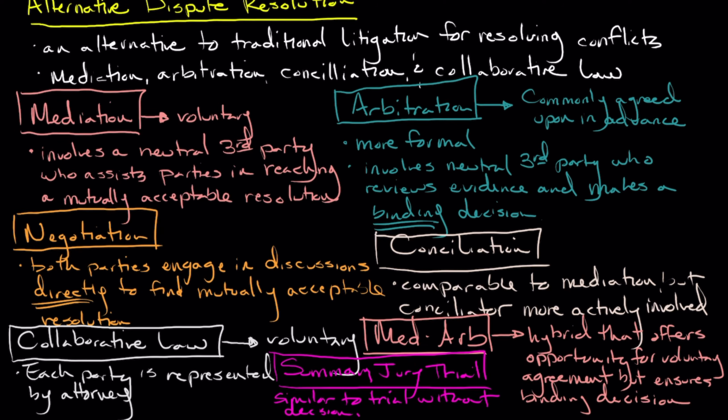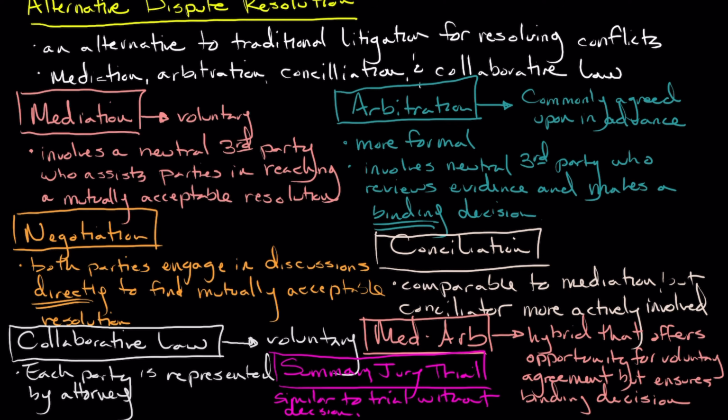Now that we understand some of the different options for alternative dispute resolutions, I want to explore the advantages of ADR over traditional litigation. ADR is often a preferred method of addressing disputes by businesses because it offers greater flexibility, cost savings, as well as privacy.